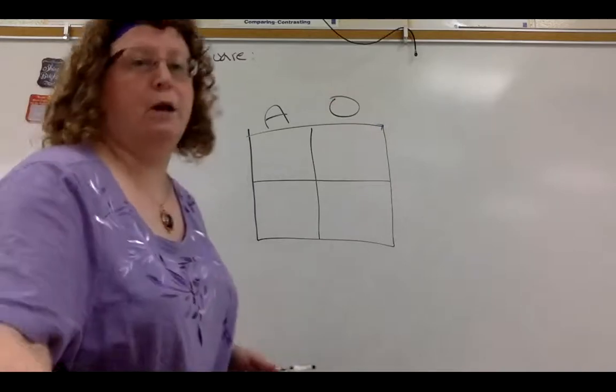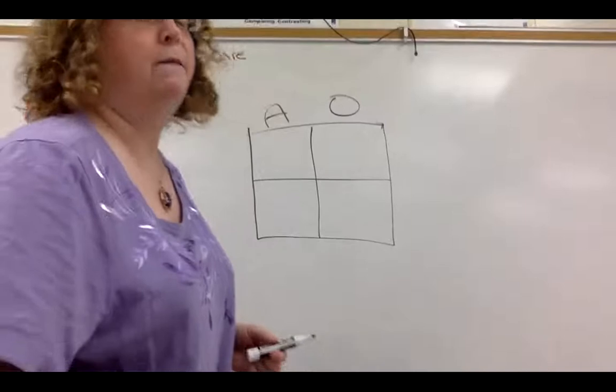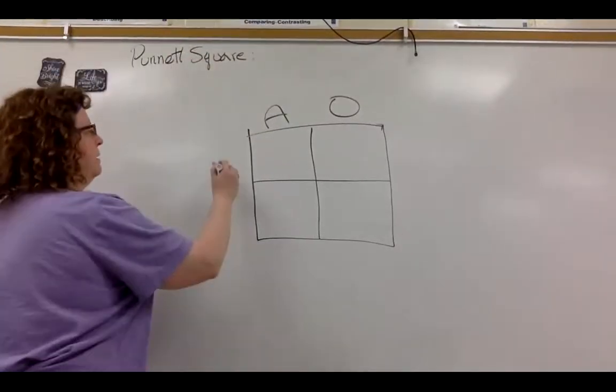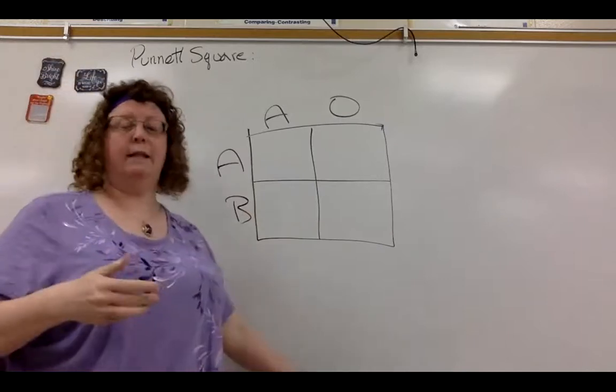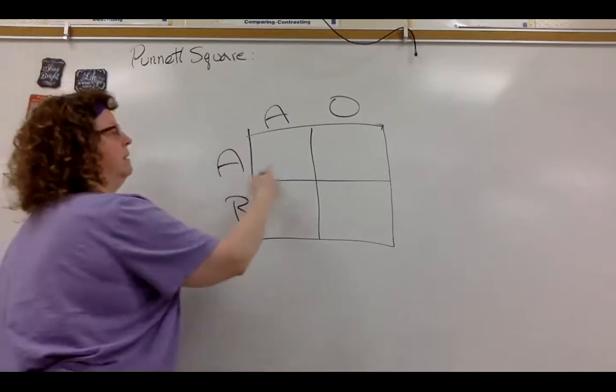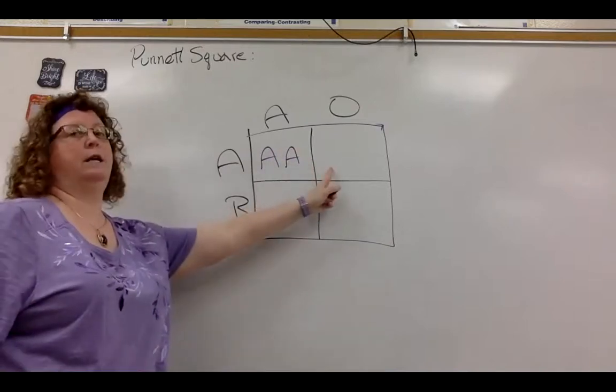And the other parent, I believe, and I'm sorry, I'm not remembering this, is AB. The other parent is AB blood. So here we go. All right, so now let's figure it out. So 2 capital A's go here. What goes here?